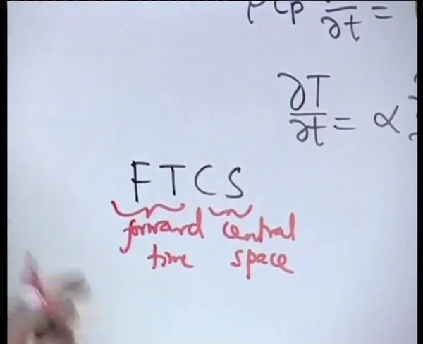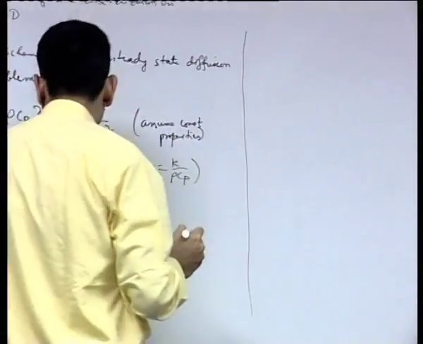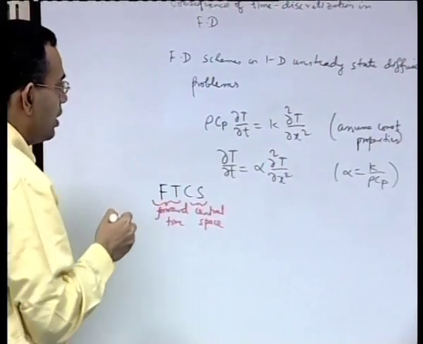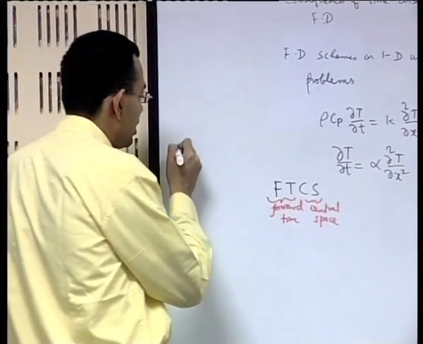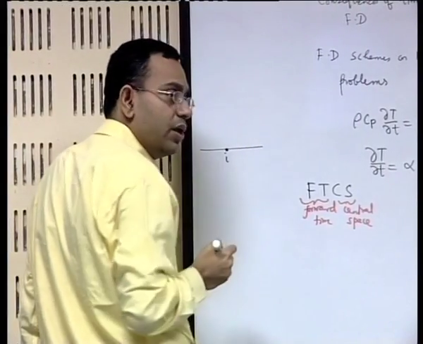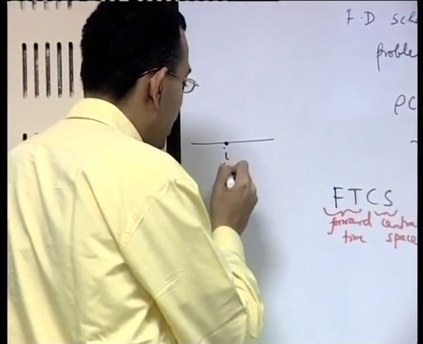So, let us write the corresponding Taylor series expansions. While doing so, we will use some notations that are common to finite difference. What are these notations? We consider one grid point, which is the grid point P that we were considering for the finite volume.